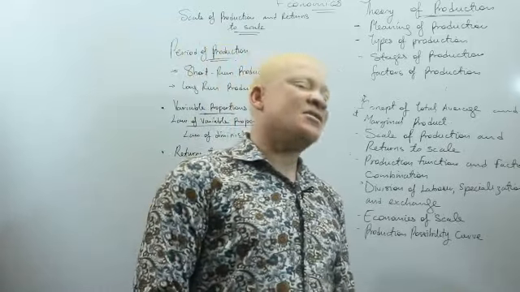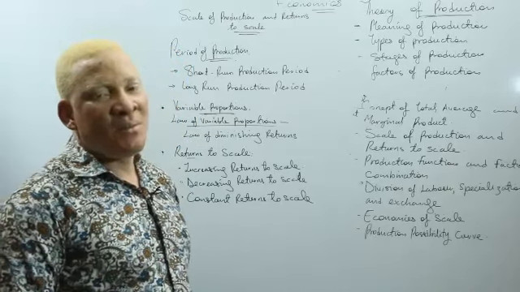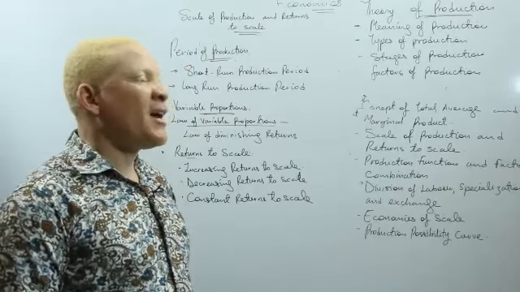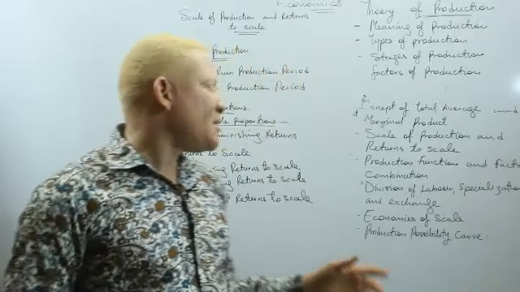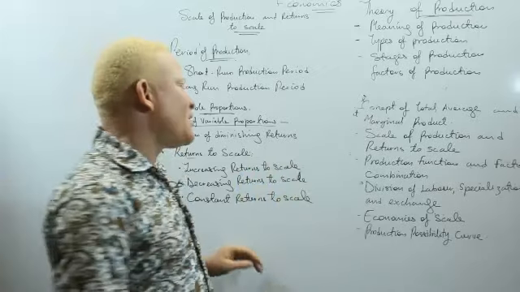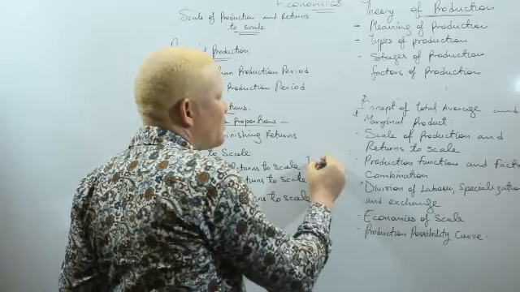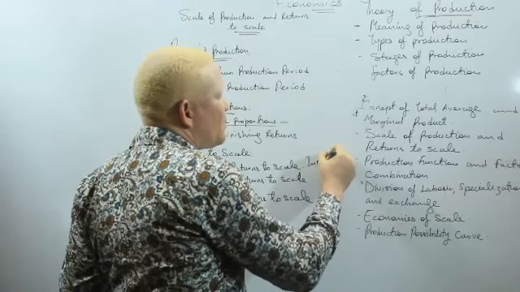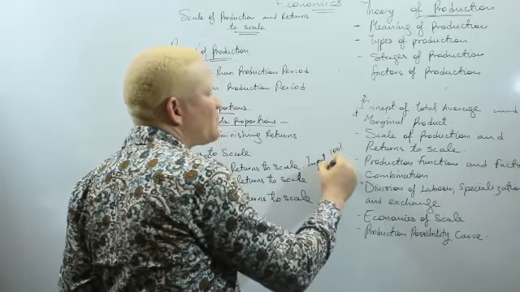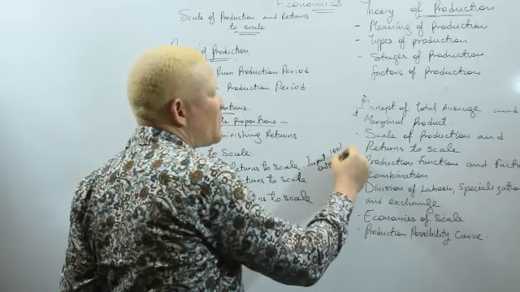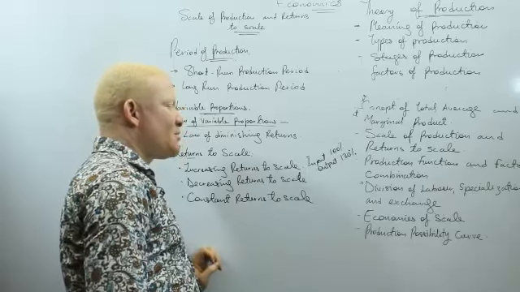When a percentage increase in the inputs yields a higher percentage increase in output, then there is increasing returns to scale. That is to say, when input increases by 100%, while output increases by 130%, then I'm talking about increasing returns to scale.